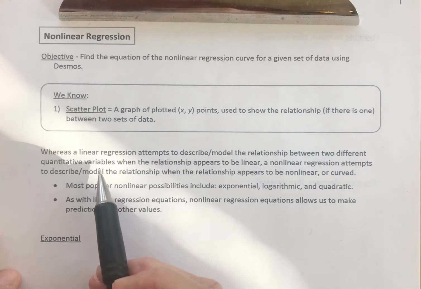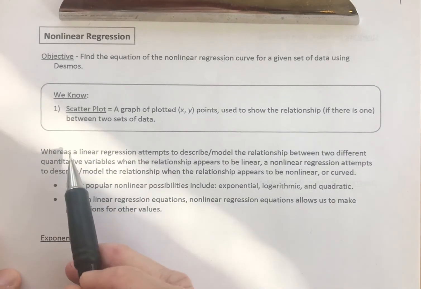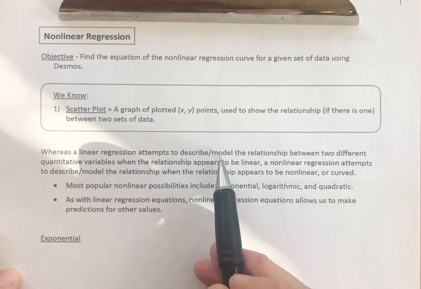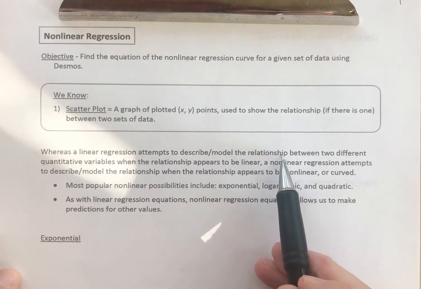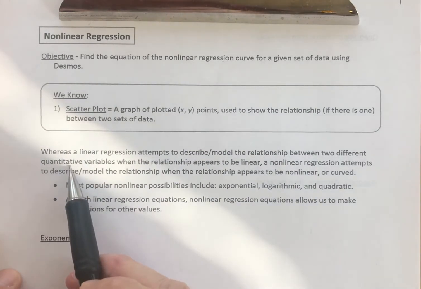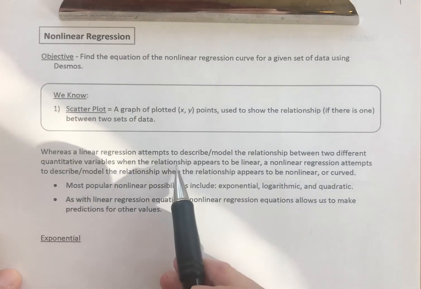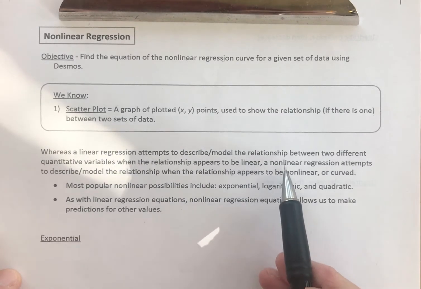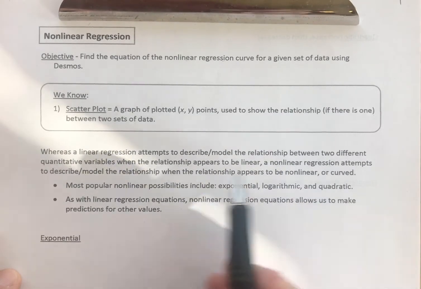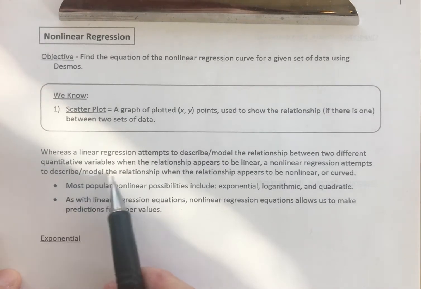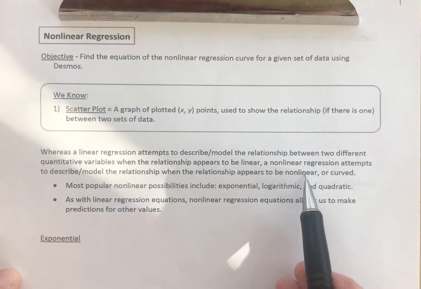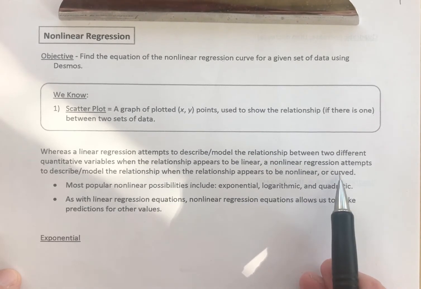Okay, let's recall about the linear regression, whereas a linear regression attempts to describe or to model the relationship between two different quantitative variables when the relationship appears to be linear. Okay, a nonlinear regression attempts to describe or model the relationship when the relationship appears to be nonlinear or curved.